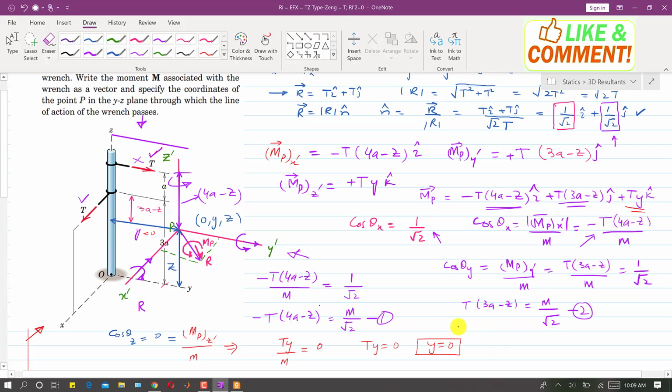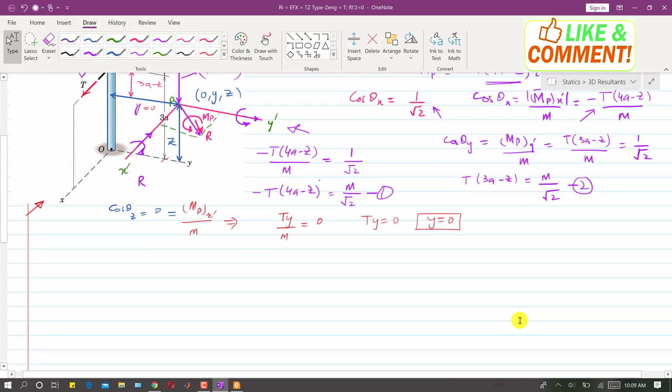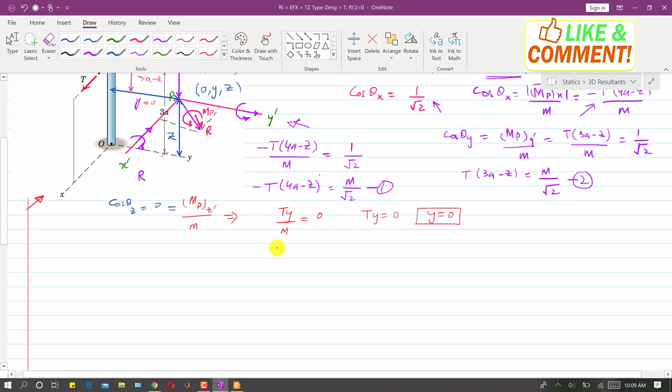Now to find the z coordinate, we have to solve these two equations simultaneously, right? These are equations 1 and 2. If we write equation number 1 like this, it will be minus 4at plus tz is equal to m by this, and similarly this equation will be plus 3at minus tz is equal to this thing, right?